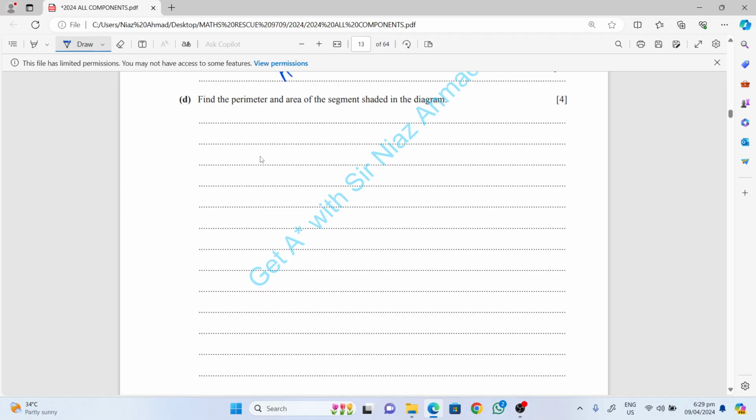Get the perimeter of the shaded region. So we are going to get the perimeter of the shaded region. The length AB plus arc AB. AB is 4 plus r theta.